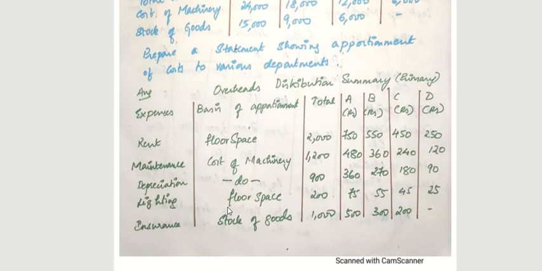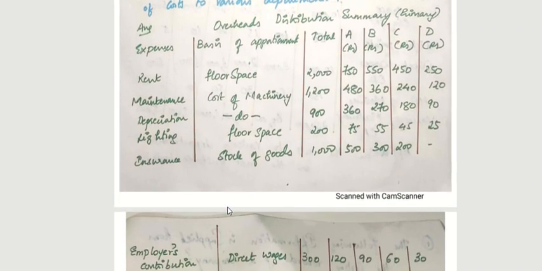So now if you look into your solution part, the overhead distribution summary, which is on your primary distribution basis. Basically, the first column will be your expenses which you are supposed to apportion. Your second column will be your basis of apportionment, so on what ratio are we going to apportion the expenses.